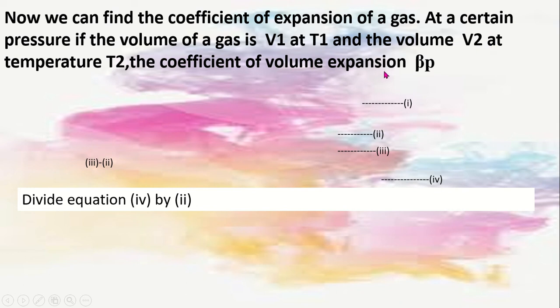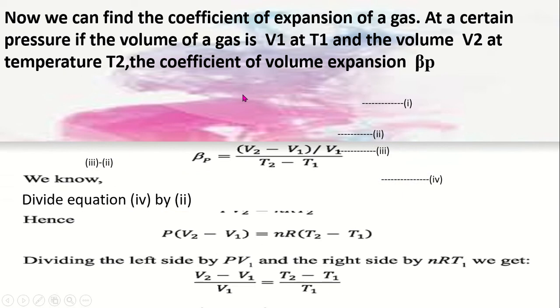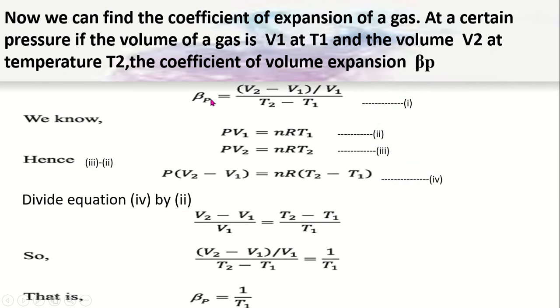Then the coefficient of volume expansion beta P equals (V2 minus V1) by V1 into (T2 minus T1). This V1 can be taken here also. Okay, no problem. Same thing.